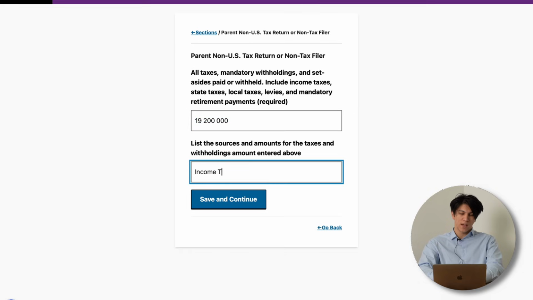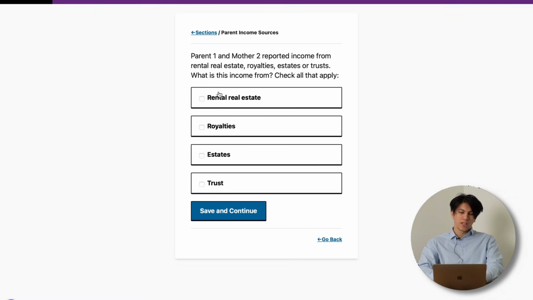List the source income tax, right? Okay. Royalties, so reported rental real estate. So we have to include what kind of real estate we have, they asked, it's dynamic. We have a rental real estate, right?